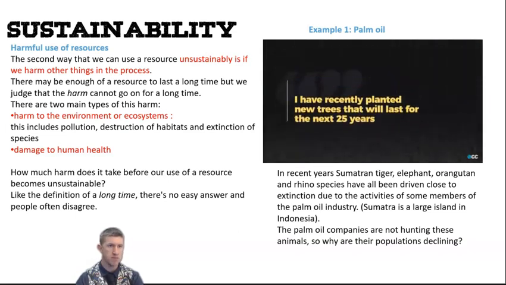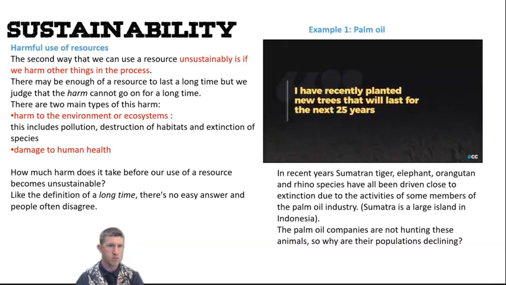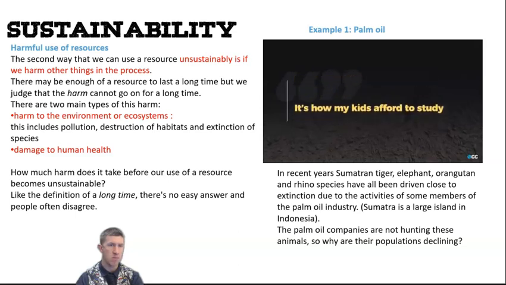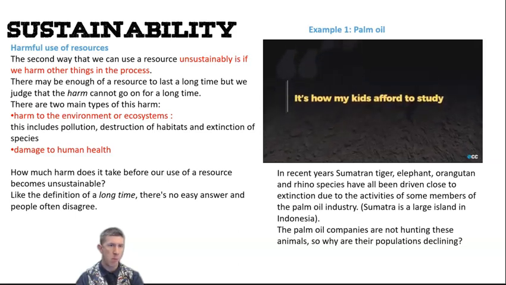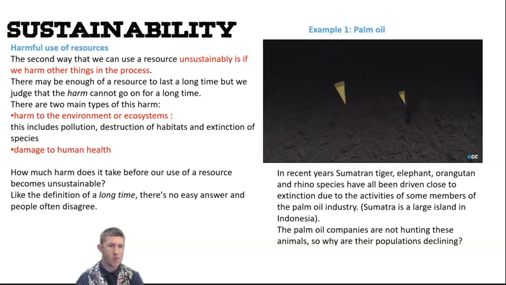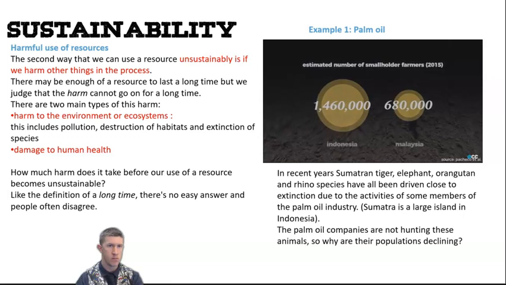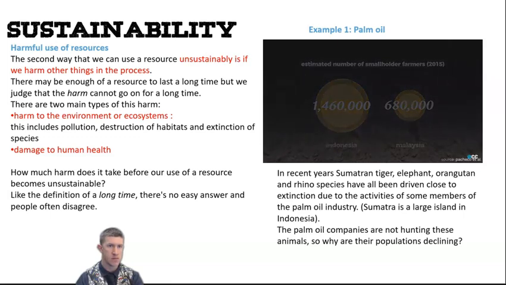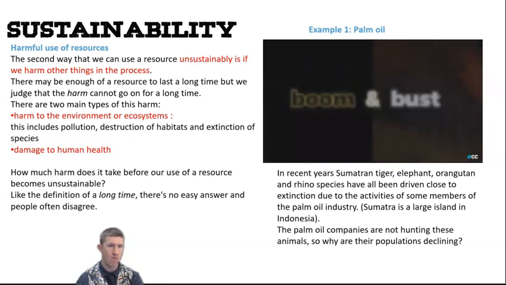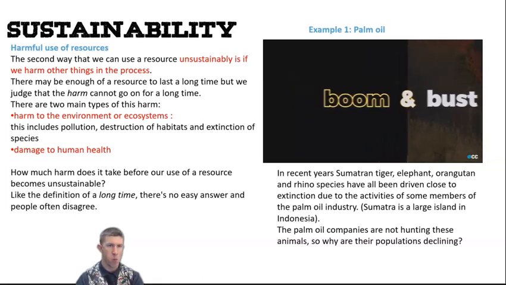I've recently planted new trees that will last for the next 25 years, and my whole family relies on this. It's how my kids afford to study." So while independent small farmers represent only a portion of oil palm production, with the rest being owned by much larger corporations, this decision could upend their livelihoods. In a sense, the EU's flip-flopping on palm oil has manufactured a boom and bust process for smaller farmers who've invested their future in palm oil plantations.